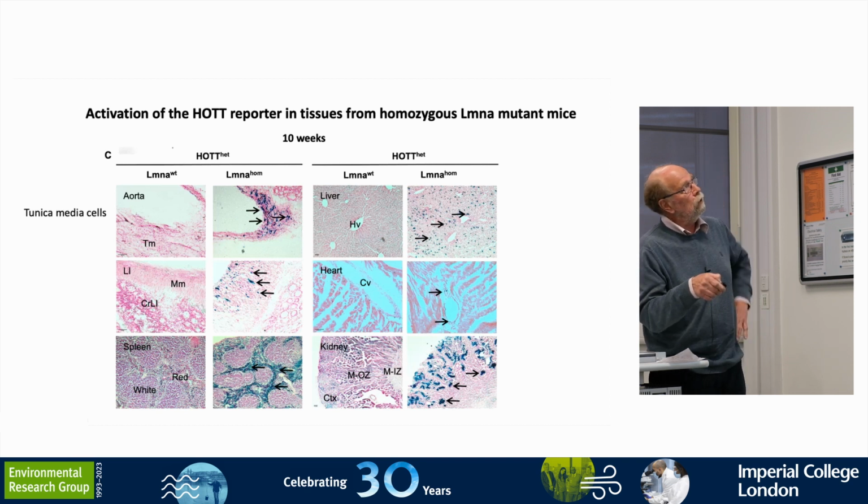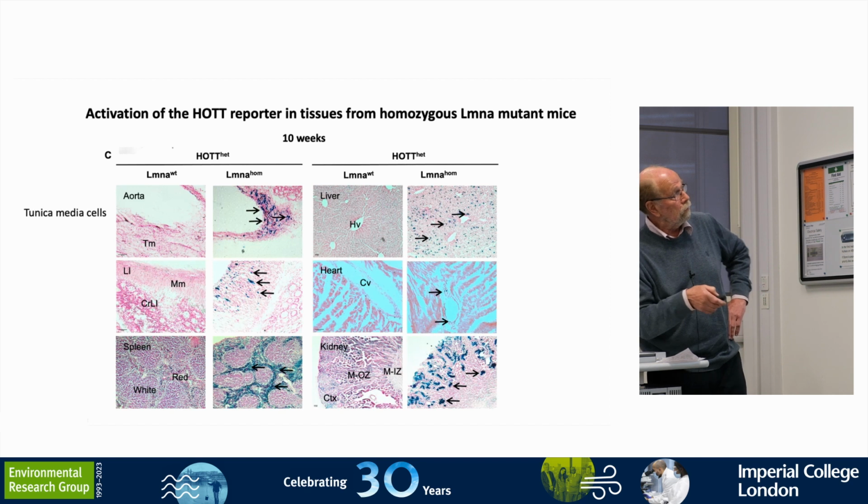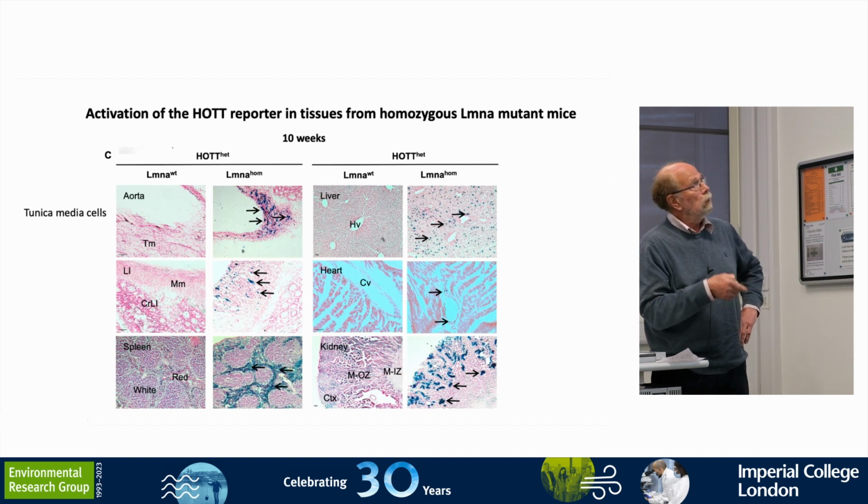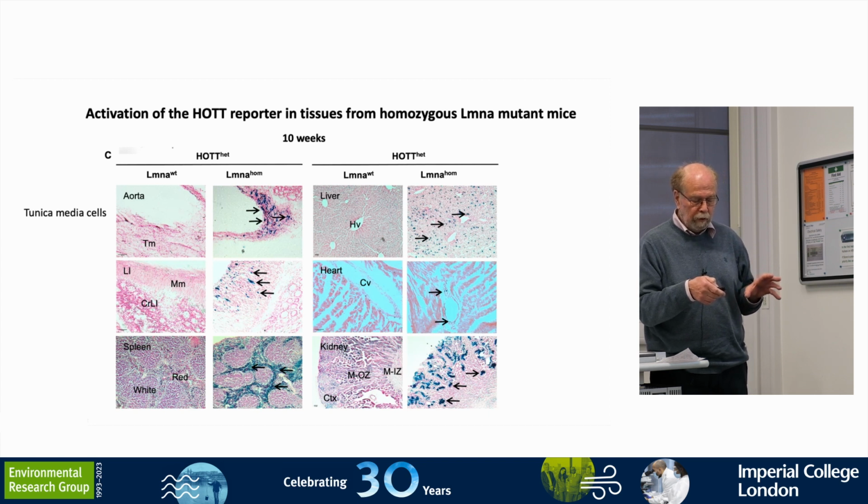And what you can see using the HO-1 reporter mouse is that when you have these mice that are homozygous for this progerin accumulation, you get this huge induction of oxidative stress in vascular smooth muscle cells, not only in the aorta, but in other cells in the heart. And these are mice that are homozygous for this metabolic defect, and they have quite a severe phenotype early on.